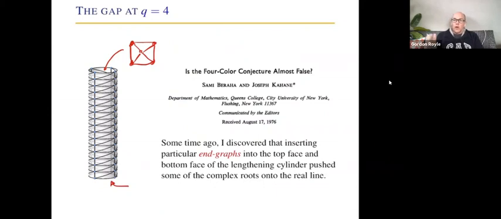So in other words, I glued some graphs onto the top face and the bottom face. Then I could push the complex roots arbitrarily close to 4, but push them onto the real line as well. Okay, so n graphs on a lattice, let the lattice get very large, and then I could find chromatic roots arbitrarily close to 4.